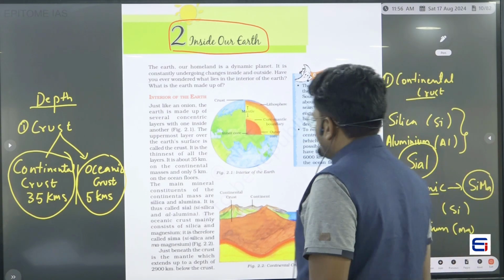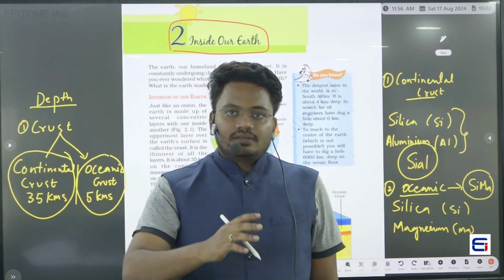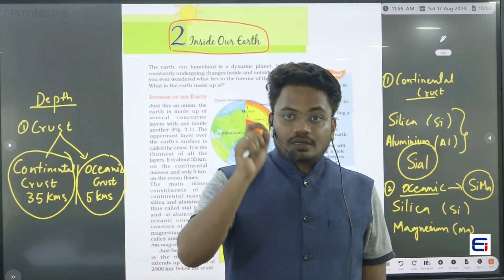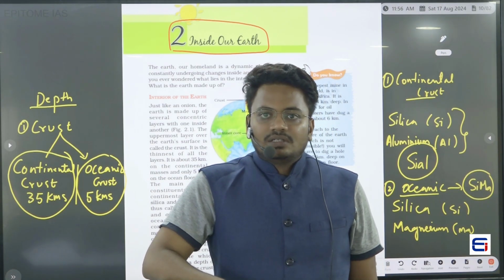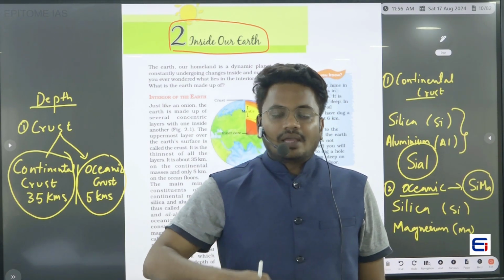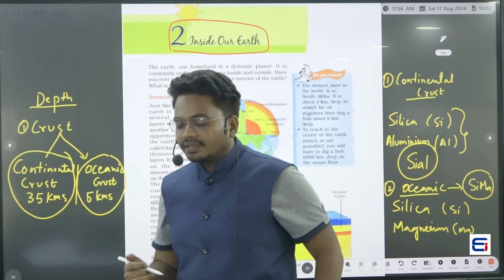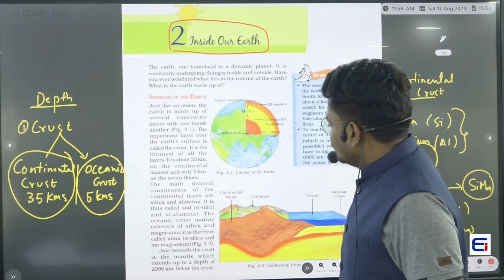Are you getting my point? So the point here is, SiAl represents continental crust, and SiMa represents oceanic crust. This is an important statement. Many times these two things have been asked in the UPSC exam and other government exams as well.